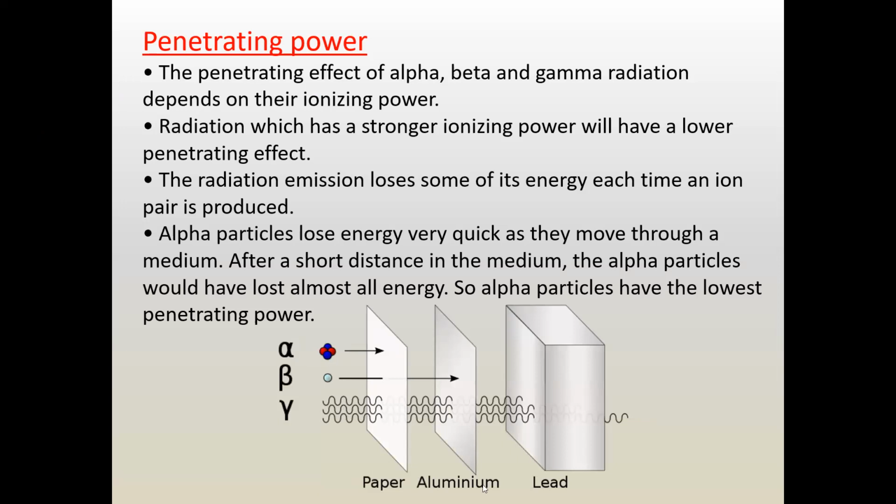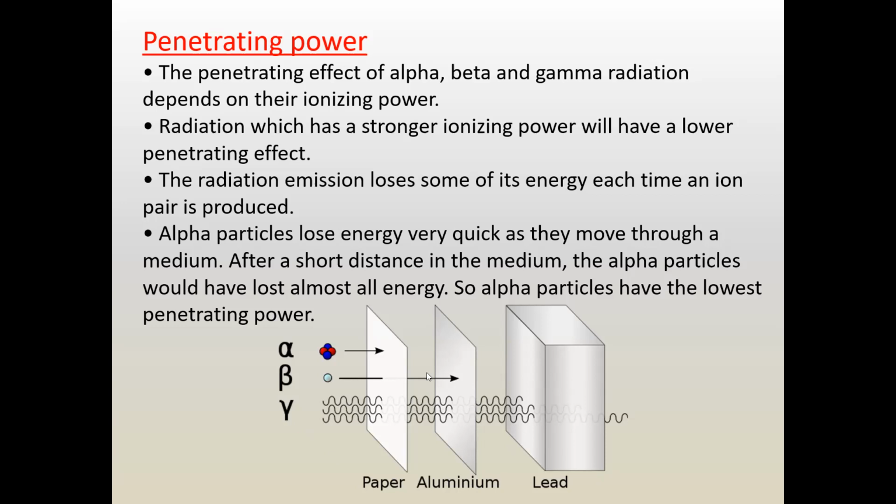Beta, or the electron, can pass through paper, but if aluminum is placed, it will stop beta, as well as alpha. And if thick lead is there, it can stop or reduce the gamma radiation. So alpha cannot pass through paper, aluminum, or lead. Beta cannot pass through aluminum and lead, and gamma cannot pass through lead.